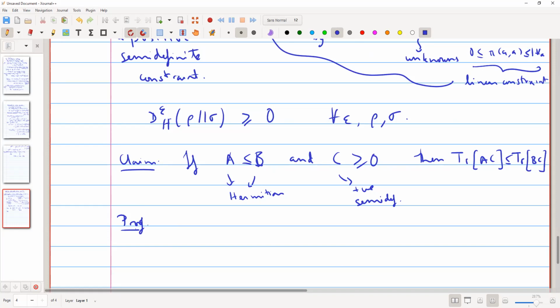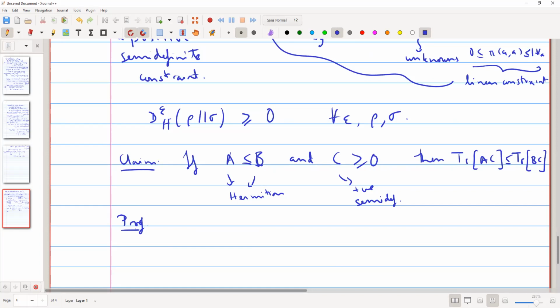I'm talking of the trivial version of this. I'm talking of square matrices of the same dimension, of course, and A, B, C are Hermitian. Hermitian matrices are the matrix analogs of real numbers. If A and C are 1 by 1 matrices, the trace of a 1 by 1 matrix is just the number itself.